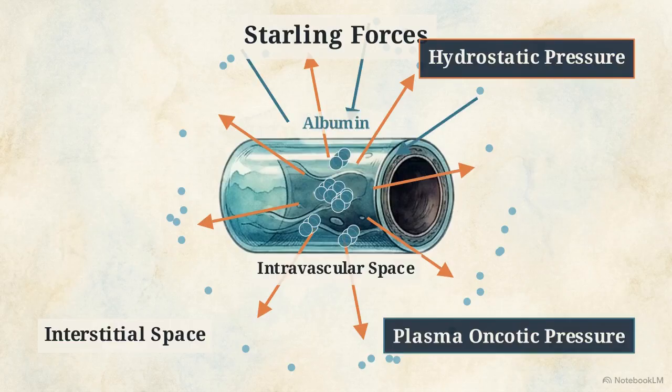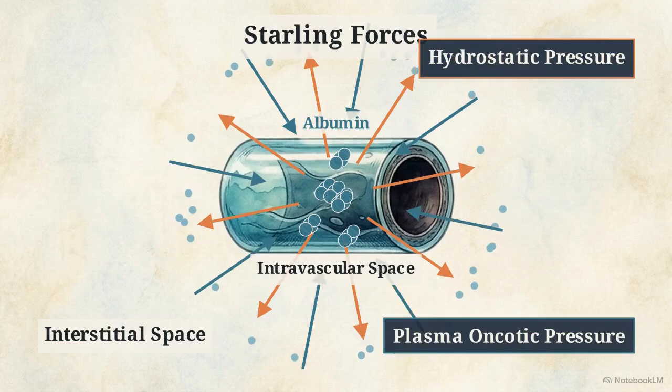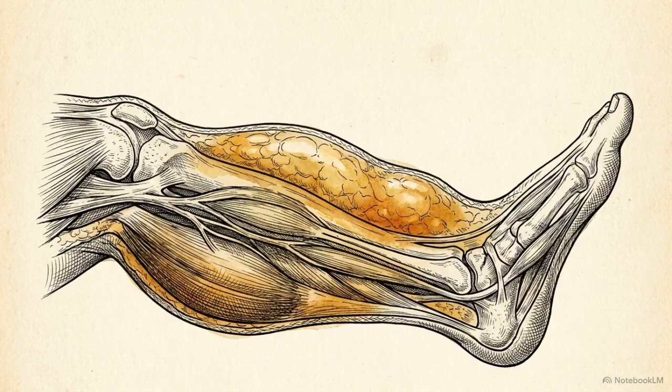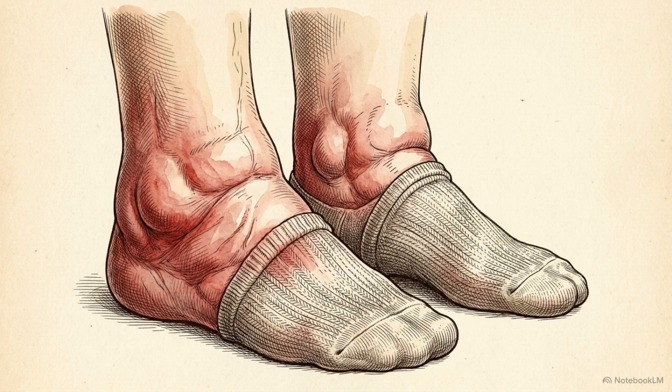Proteins in the blood, primarily albumin, exert a continuous osmotic pull that attempts to draw that same fluid back into the vasculature. If this mathematical balance fails, for instance, if plasma proteins drop due to malnutrition, the inward pull is lost. Fluid leaks unchecked into the tissue, resulting in systemic edema and a failure to deliver nutrients.